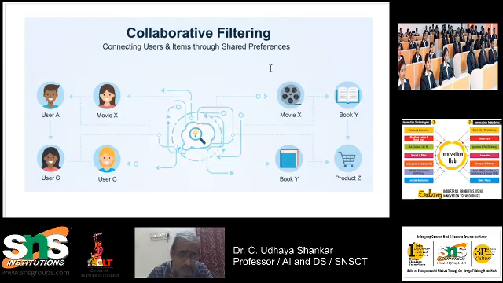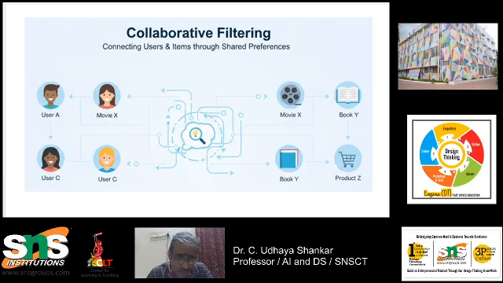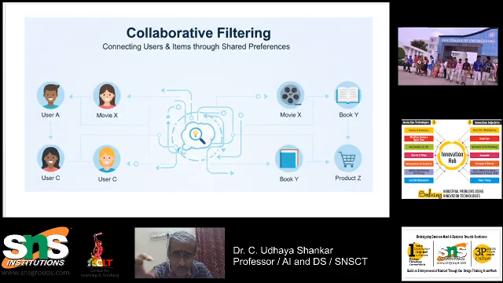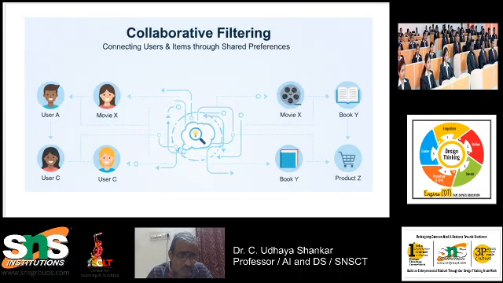Here, user C is getting movie X because in the past user A, with the same taste, was already recommended movie X, so user C also gets movie X. Similarly, on the right side I have given an example with books. These are some of the examples of what we are going to discuss.